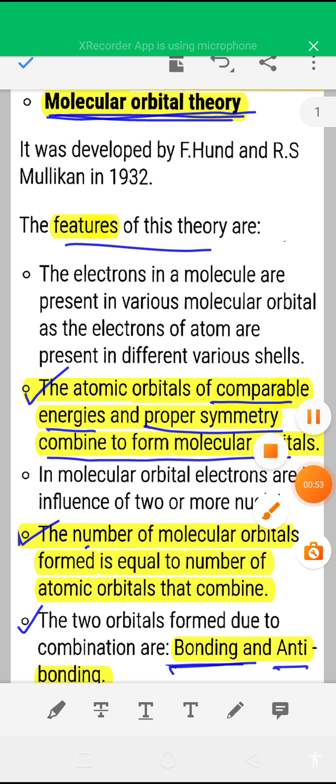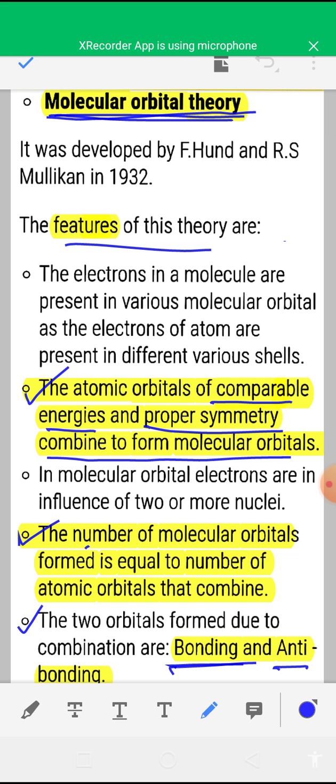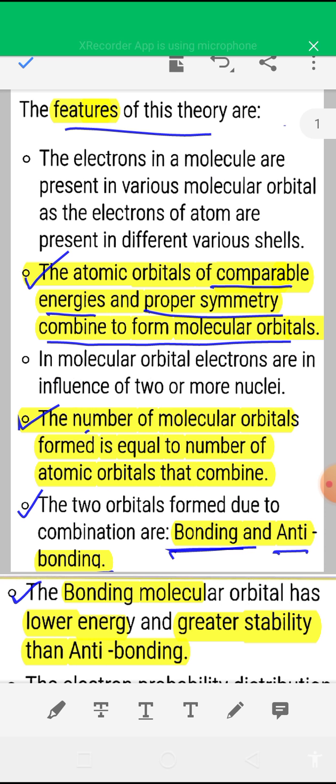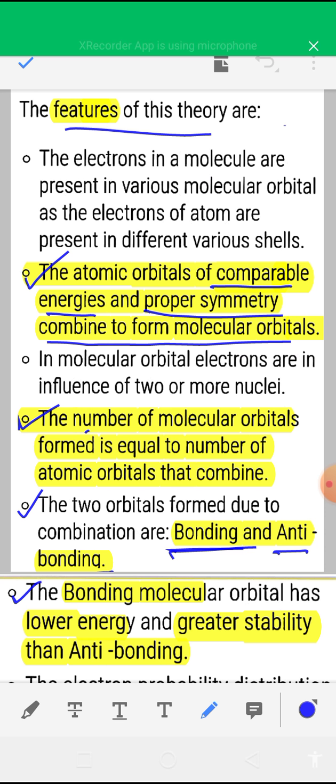Now see the features of molecular orbital theory. When two atoms combine, their atomic orbitals overlap and you get molecular orbitals. Atomic orbitals of comparable, almost the same energies and proper symmetry combine to form molecular orbitals. The number of molecular orbitals formed is equal to the number of atomic orbitals that combine.